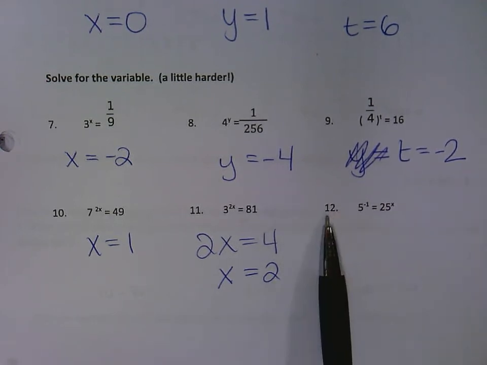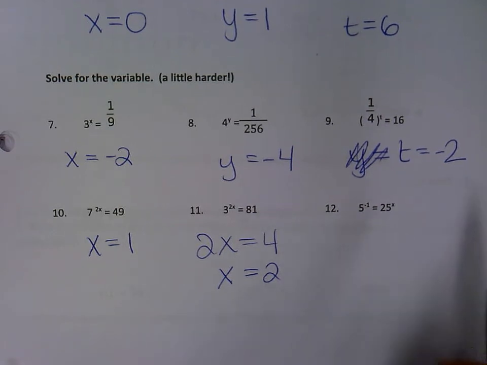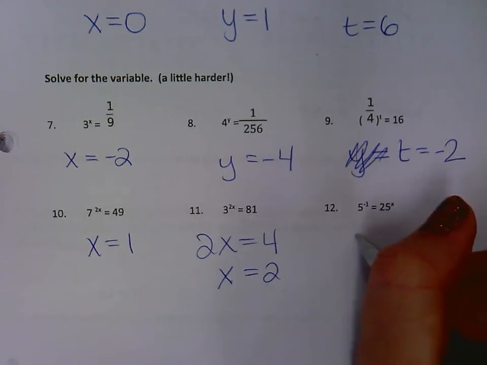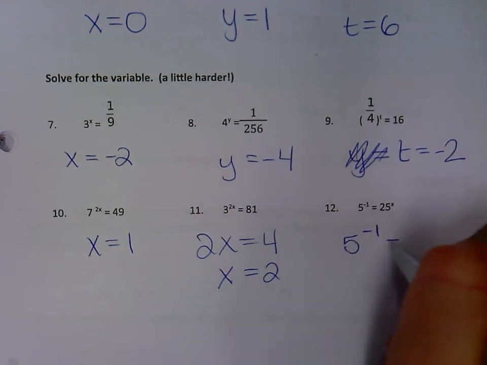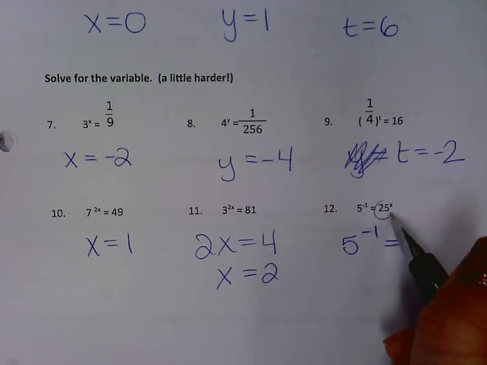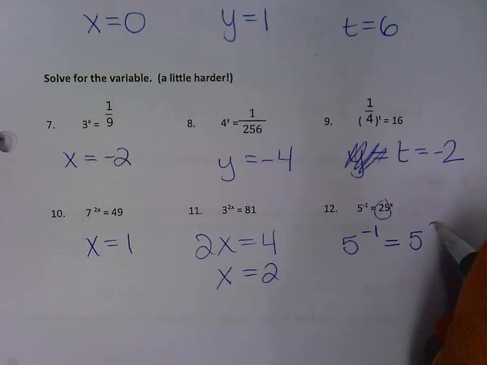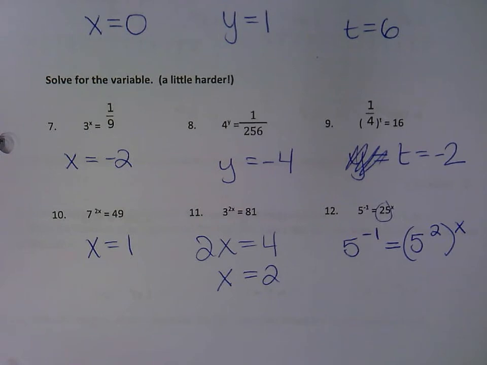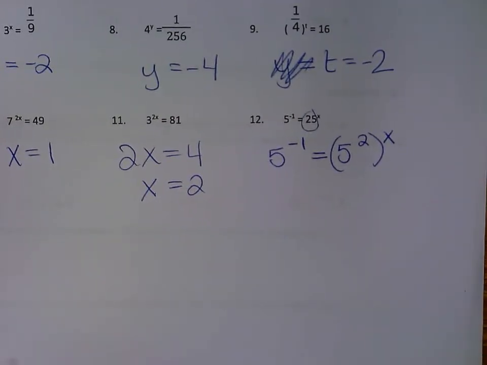So I'm going to show you the strategy we're going to use later for more challenging ones. You're going to make them both have the same base. 5 can stay as a base of 5, but 25 I'm going to write as 5 squared. So I haven't changed the value of the problem because 5 squared is equivalent to 25.